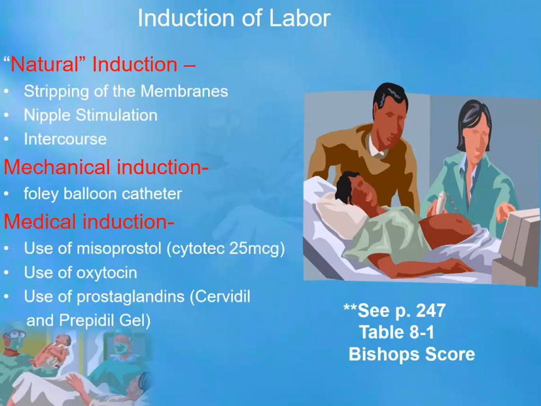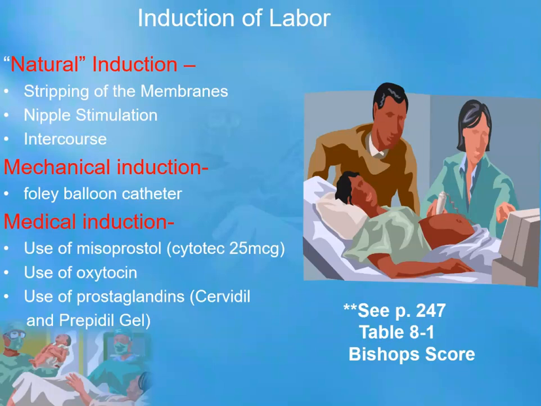But studies have shown they don't use that as much because the Cytotec is so much cheaper and more economical for the hospital. I haven't seen the Cervidil and the Prepidil gel in a while, but they do use a cervical ripening agent with the oxytocin.